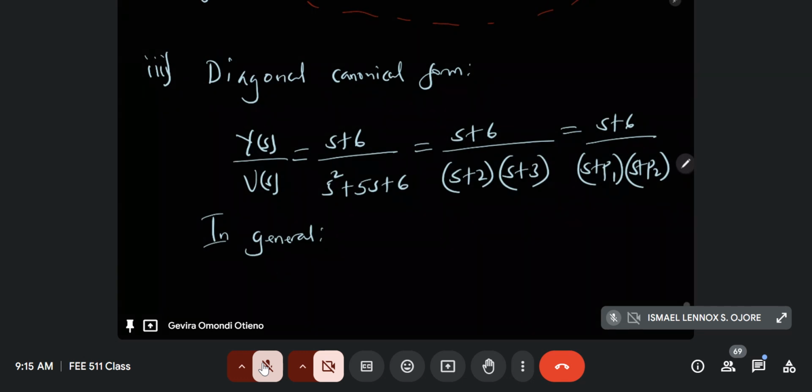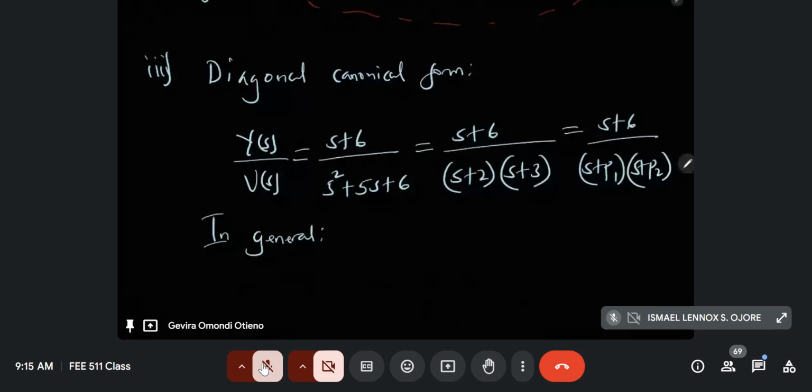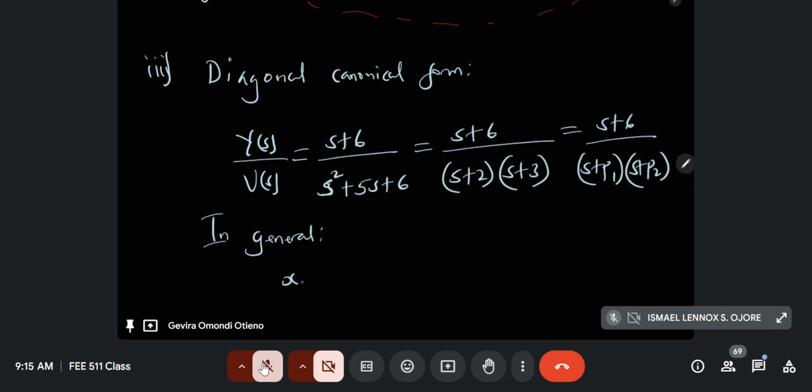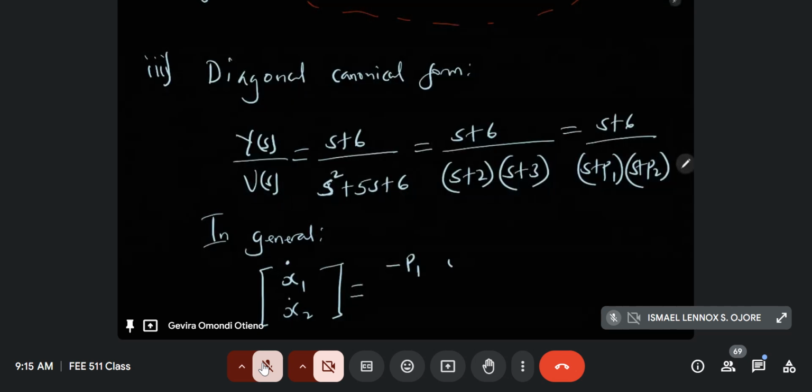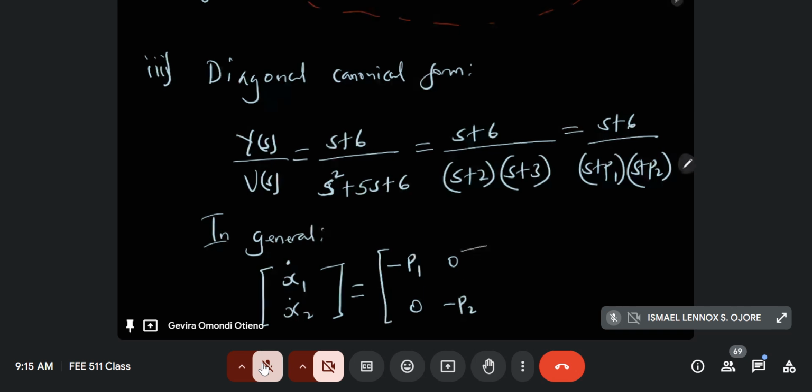In general, for a 2 by 2 matrix, or for a second order, you can see this is second order. You have examples of third order also in your notes, but for a second order, x1, x2, this is like a state equation, remember, should be equal to, this is in general how we write it, 0 minus p2.